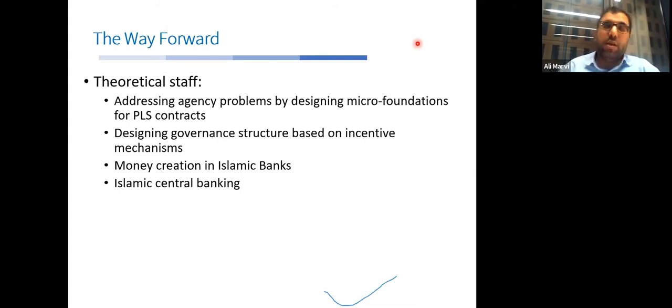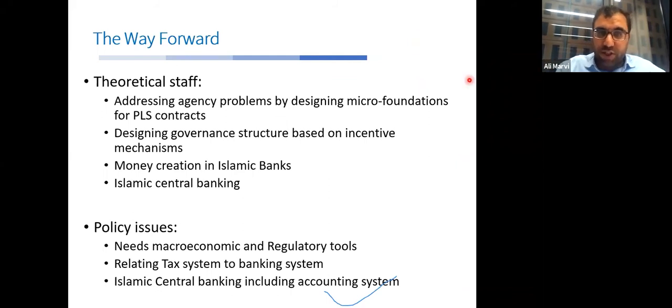And finally, we have really sparse literature on Islamic central banking, and maybe this gap between theory and practice somehow dates back to these issues that are absent in the theoretical part of Islamic banking.